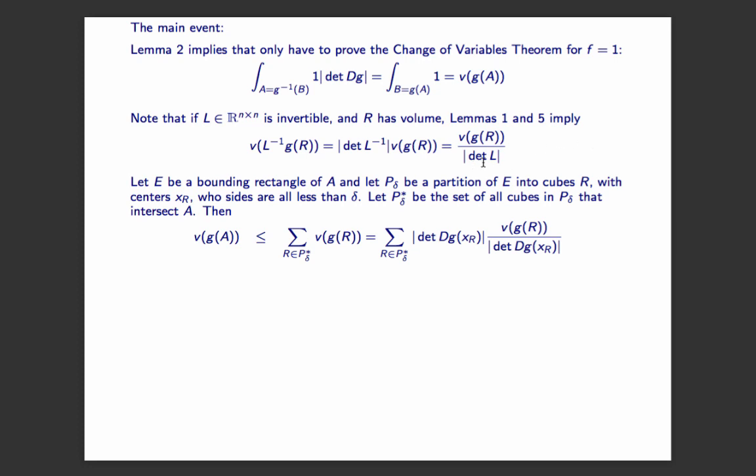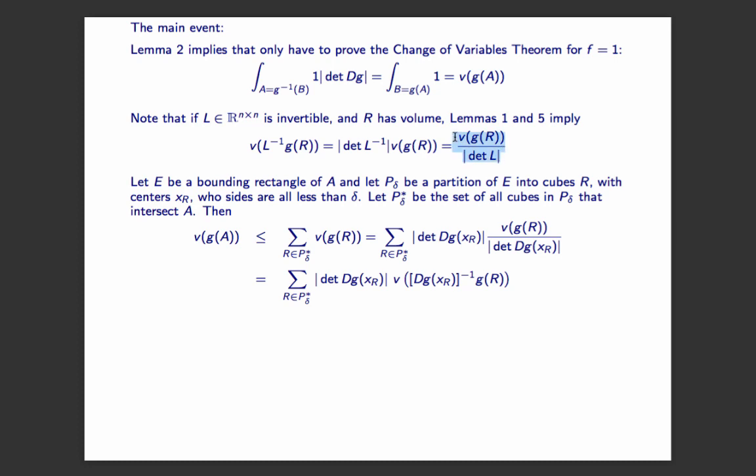Well then, using the result right above, I can multiply and divide by the determinant of the derivative of g at the center point. Right? So all I've done is multiply and divide by the same thing in anticipation of using this result. Now, the derivative of g at the center point, that's just a matrix.